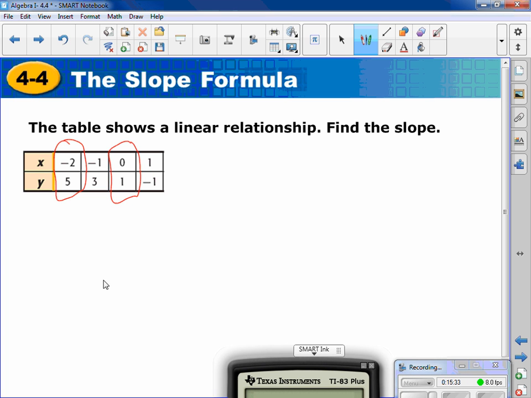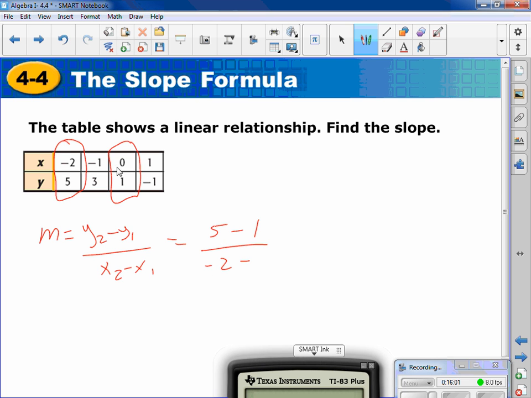To find my slope, y2 minus y1 over x2 minus x1. My first, or give me one of the y values. 5. Those are x values up here. 5 minus, the other one is 1, over, the one that matches with the 5 is -2.